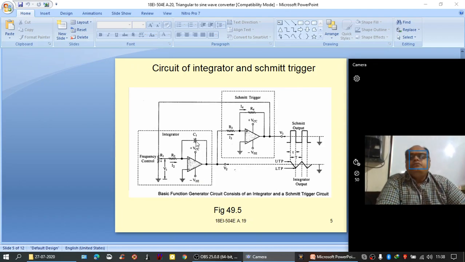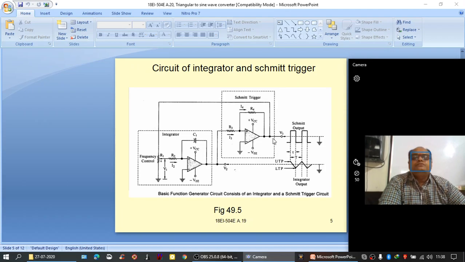and when the power supply is switched on here, the biasing voltage plus VCC and minus VEE, then with the inverting terminal of the integrator at ground potential and with a minute non-inverting voltage, the output will be high at the output of comparator, at the output of first op amp, and this output of first op amp is applied as input to the second op amp.